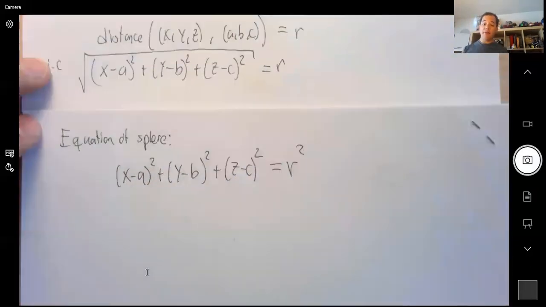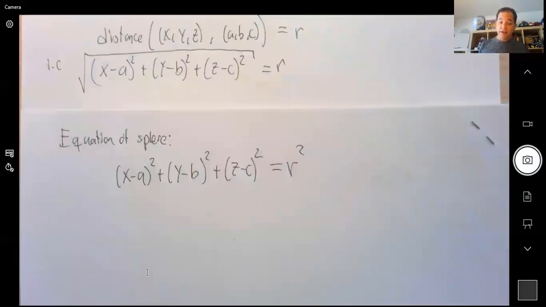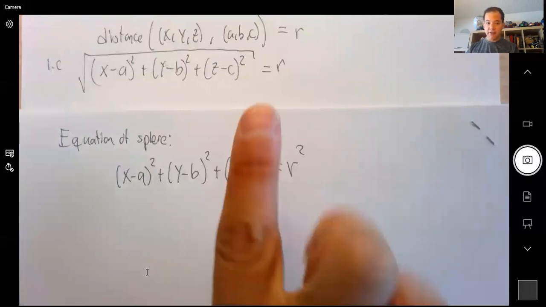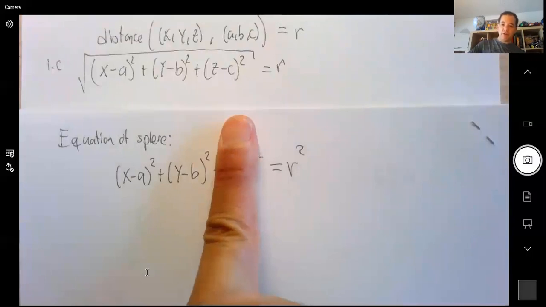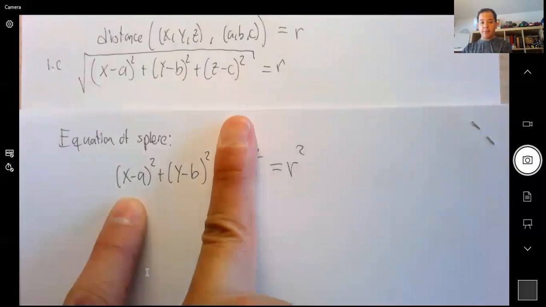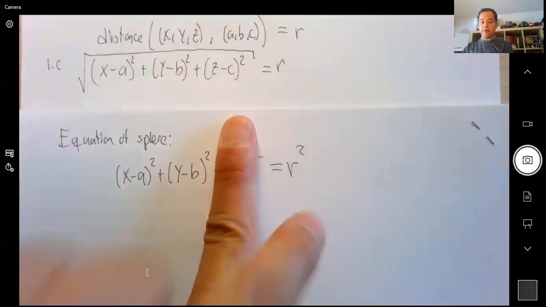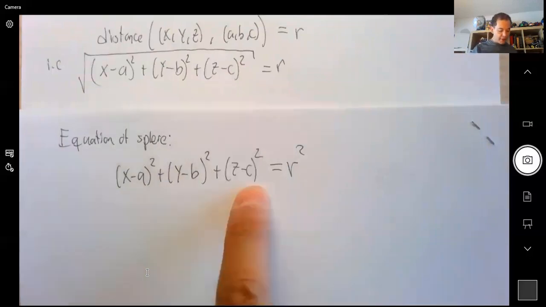And if you remember the equation of a circle, it's essentially like this, but there's no z. If you remember from high school, when you did the equation of a circle, it was exactly this: (x - a) squared plus (y - b) squared equals the radius squared. So this is the same thing, only we now have an additional variable z, okay?